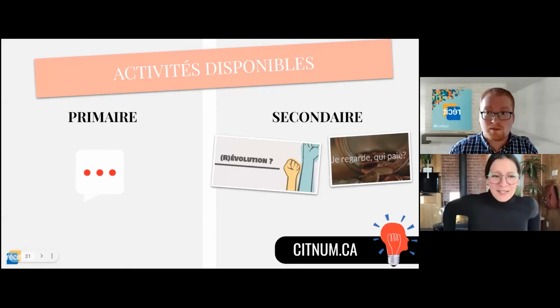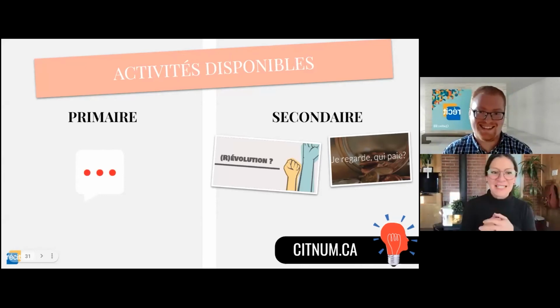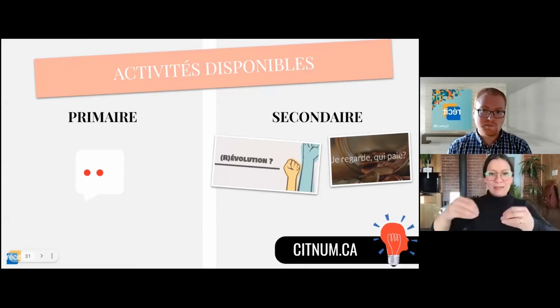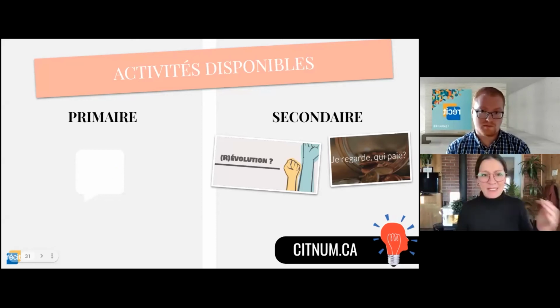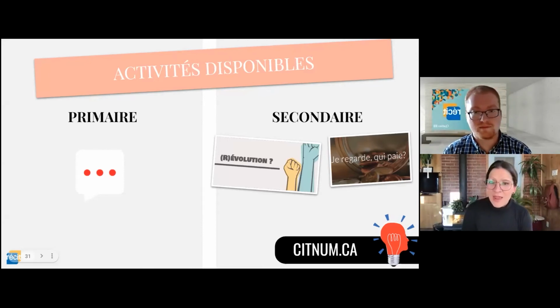Concerning the activities, as you can see, there's opportunity to do something for elementary school. There's still not much there. Obviously, we don't want to talk politics with elementary school children, but we just want to sow the seeds of curiosity. In secondary, however, there's the Revolution activity.